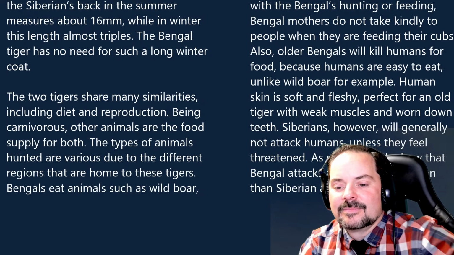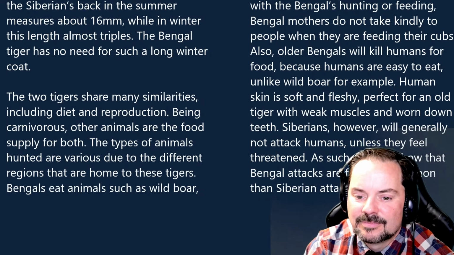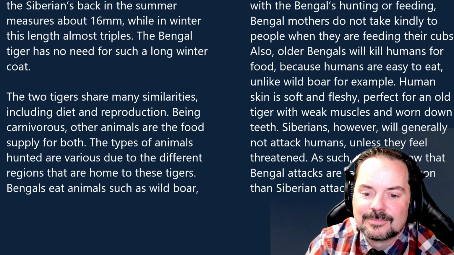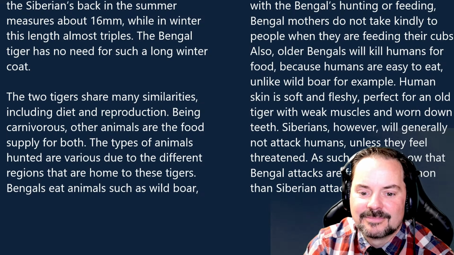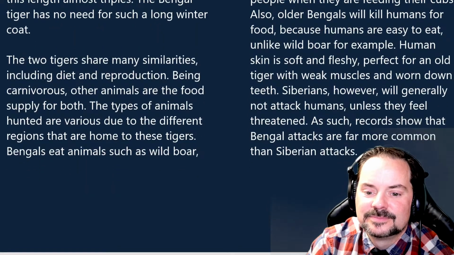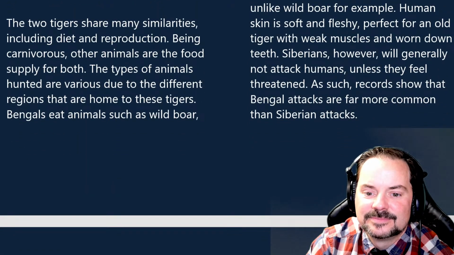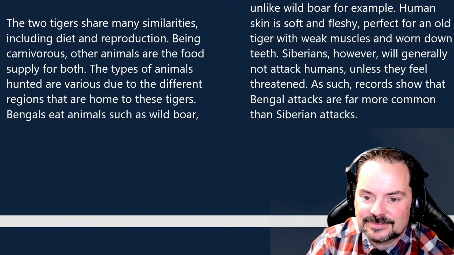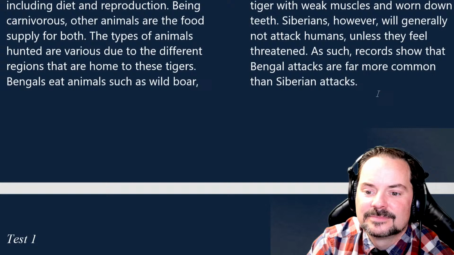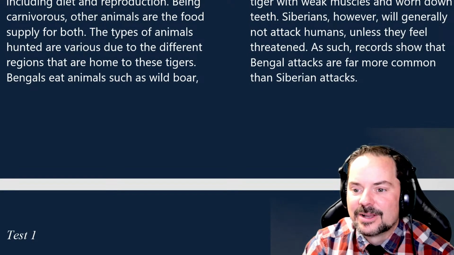Unlike wild boar, for example, human skin is soft and fleshy, perfect for an old tiger with weak muscles and worn down teeth. Siberians, however, will generally not attack humans unless they feel threatened, and as such, records show.